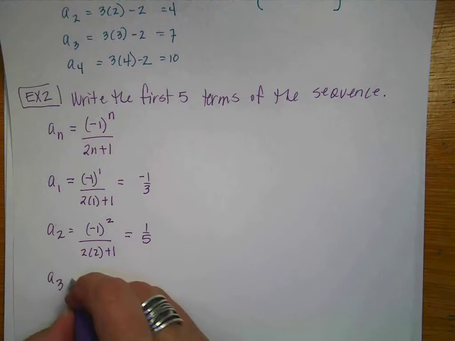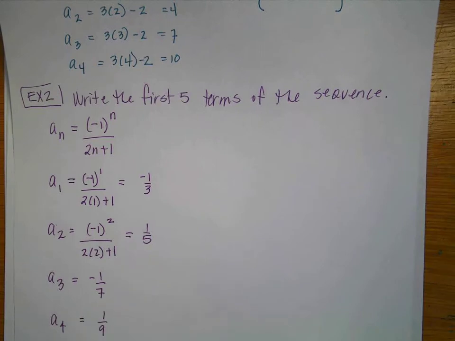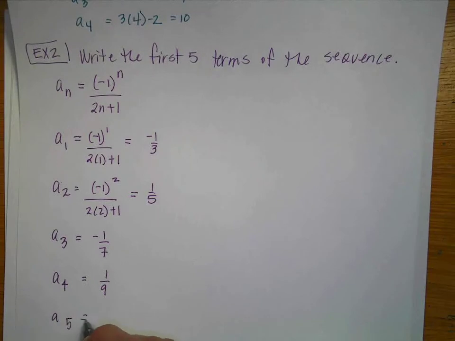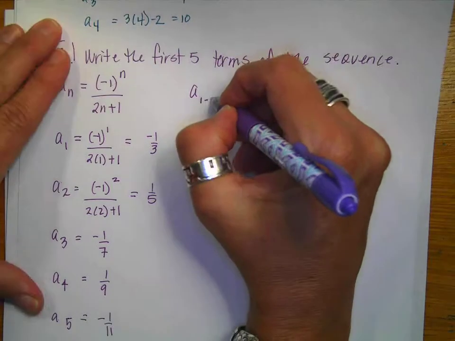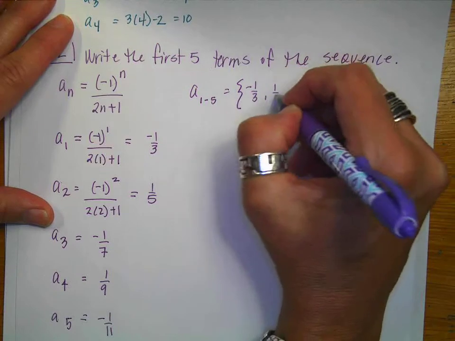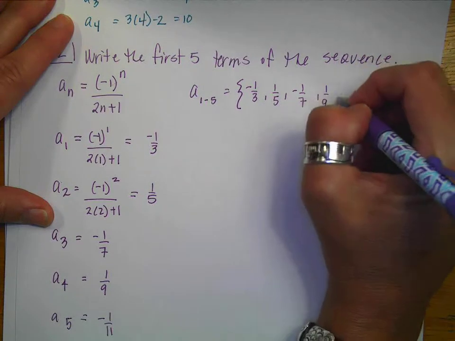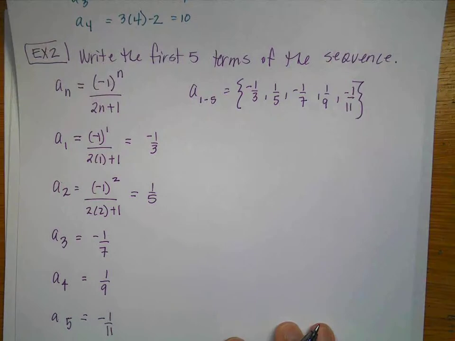If you continue doing that math, you would get that a sub 3 is equal to a negative 1 over 7, a sub 4 is 1/9, and then a sub 5 would equal a negative 1 over 11. I would report a sub 1 through 5 is equal to, and then I would write my negative 1/3, my 1/5, negative 1 over 7, 1 over 9, and a negative 1 over 11.